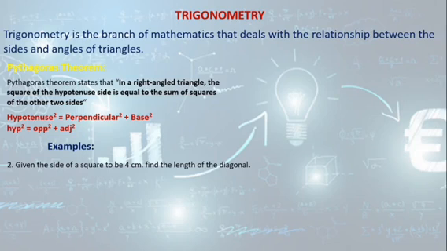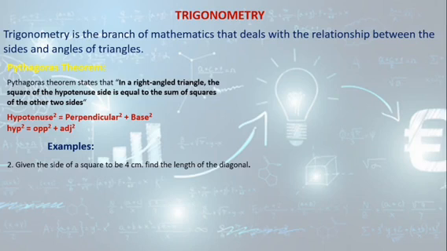We're only given 4 centimeters for a single side, but we know, according to the properties of a square, that a square has the same length all round. So if one side of the square is 4 centimeters, the other sides will be 4 centimeters each. And then it says we should find the length of the diagonal.